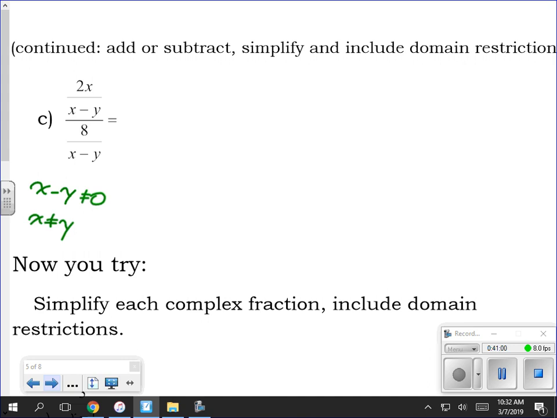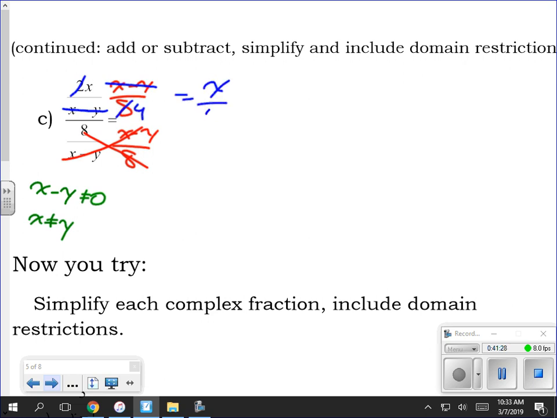So now I do my multiplying. This one I multiply by x minus y over 8. And if I do that to the denominator, x minus y over 8, these cancel, which is nice. And then I multiply. And, ooh, looky, looky, looky. The x and y cancel. And 2 and 8 reduce.